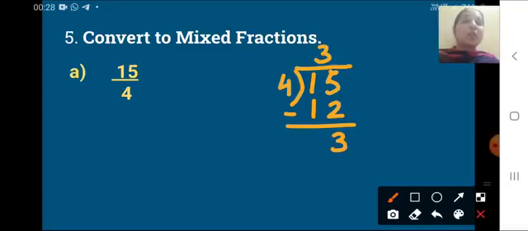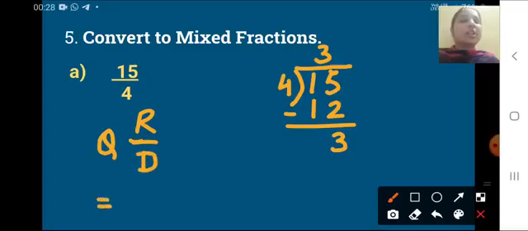To write it as mixed fraction, we will write quotient in the middle, then remainder, and then divisor. So what is the quotient here? You can see 3 is quotient here. Again 3 is remainder, and this is the divisor. 4 is divisor here. So we will write this 3 in place of quotient.